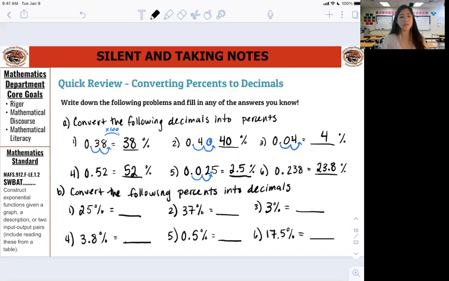Take about a minute to fill in as many as you know, and then we'll go through it together.